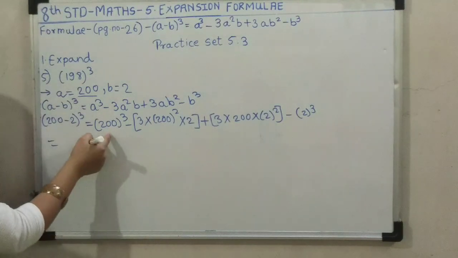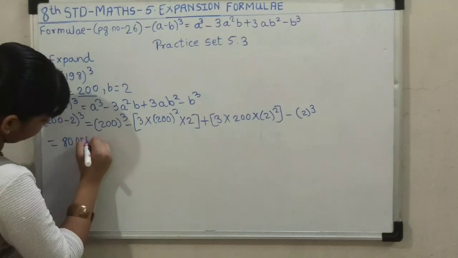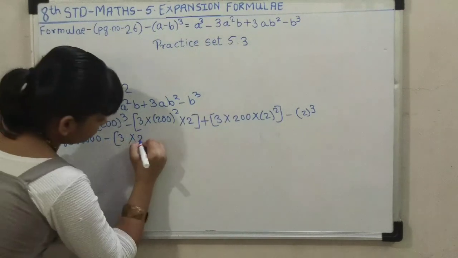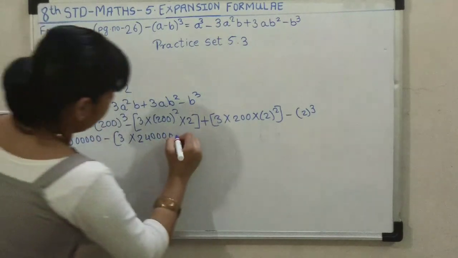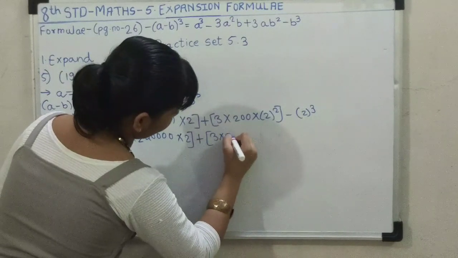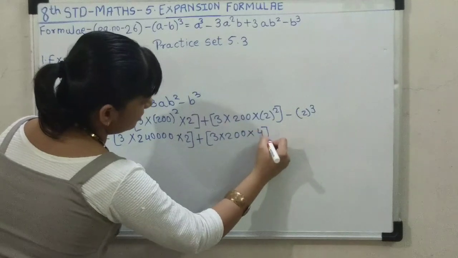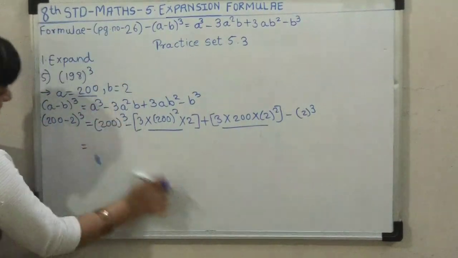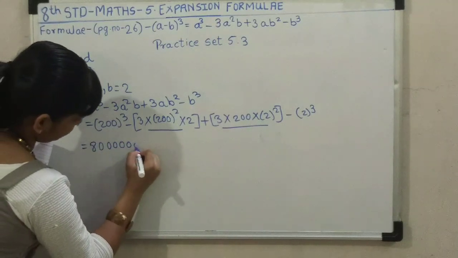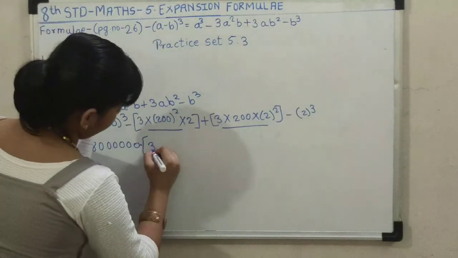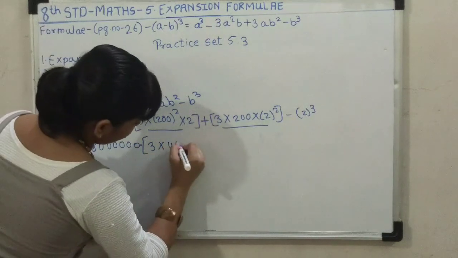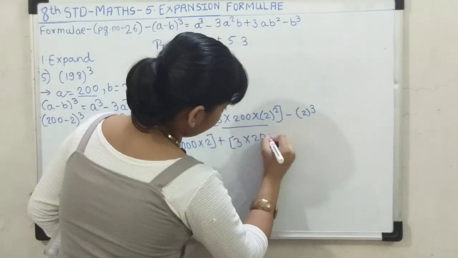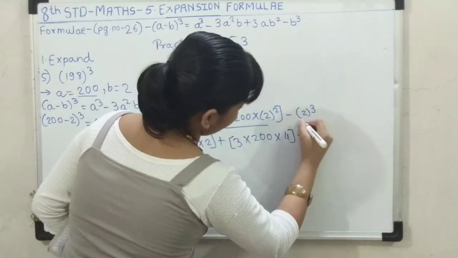So it is equal to 200's cube, which is 80 lakh, minus 3 into 200 square, which is 40,000, into 2, plus 3 into 200 into 2 square, which is 4, minus 2's cube, which is 8.